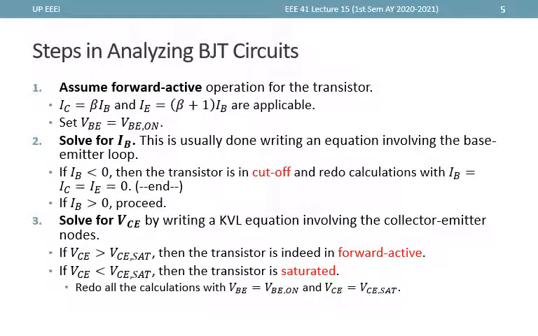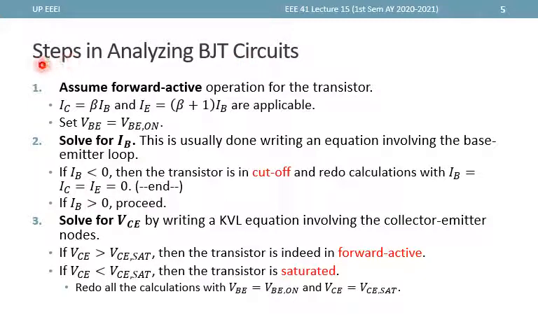In this slide, we outline some steps we can follow in analyzing BJT circuits, although you can deviate from this as you practice more or learn more how to analyze circuits. But if you don't know where to start, then you can follow this outline.